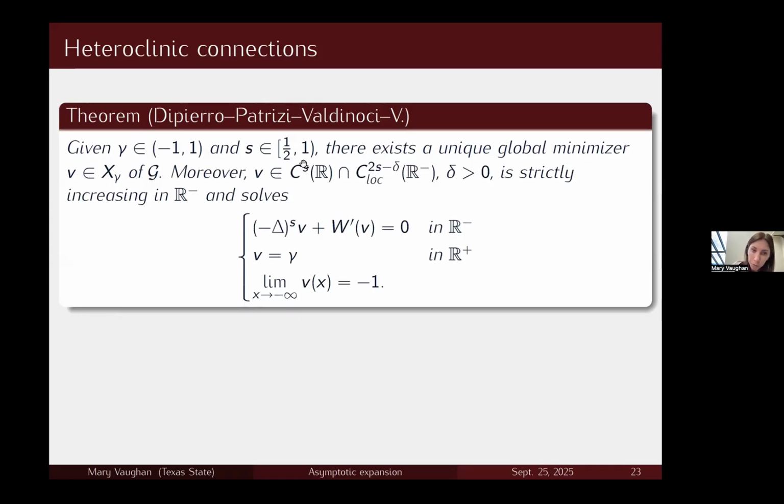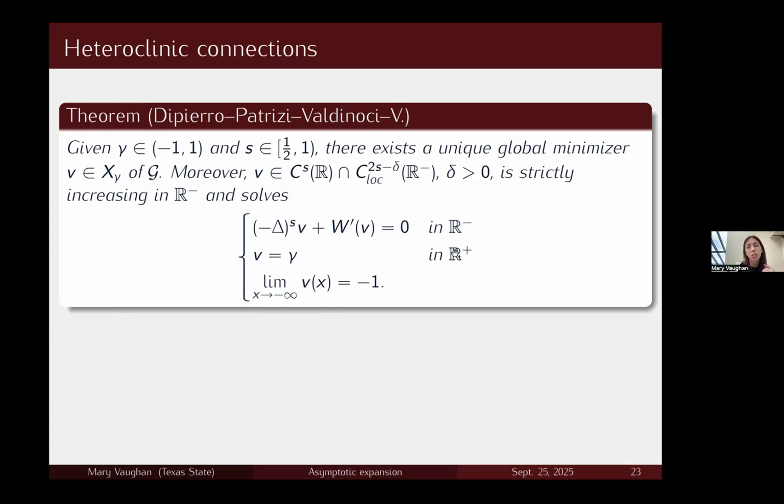Moreover, we prove it has global regularity C^s, and in the left half space, improved local Hölder regularity. We also prove it is strictly increasing, and as x goes to -infinity, v of x goes to -1. So that idealized picture I drew is exactly what the minimizer satisfies.